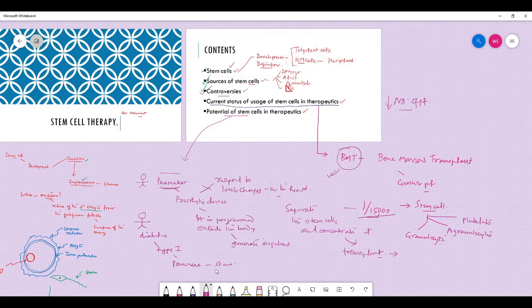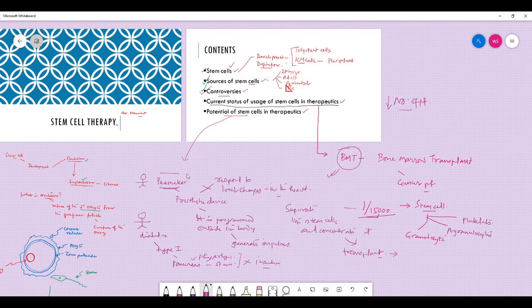What will happen? It won't be rejected by his body, and this is physiologic. So he wouldn't potentially have to use insulin all his life. His body will become normal, and it can change a person's life.